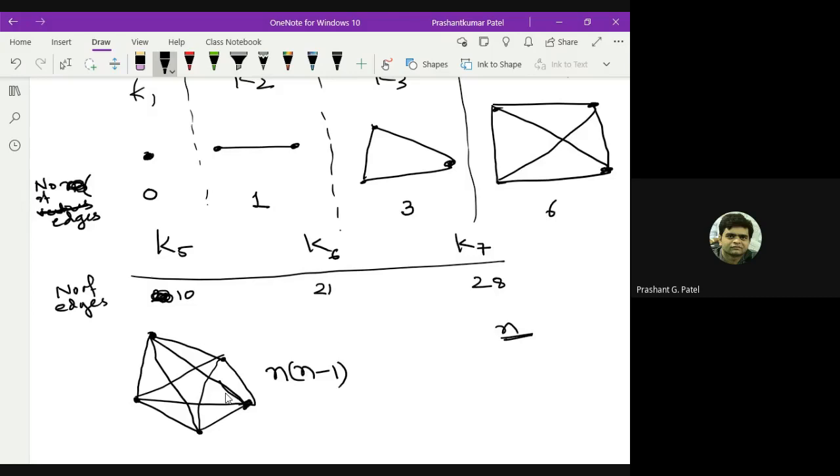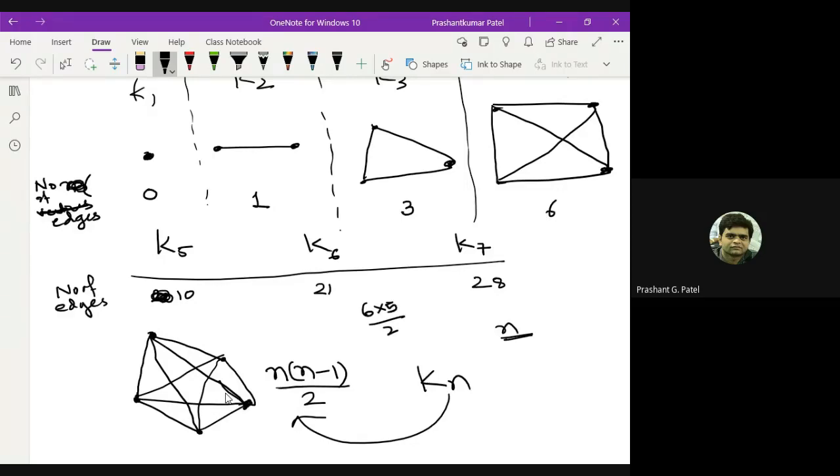And when you join, it is counted 2 times. Every edge is counted twice, because one time you join this to this, and then again you join this to that. So that's why we divide by 2. So in Kn, the number of edges is always n into n minus 1 by 2. That is a conclusion we can make out of this. And that's why I have written 6 into 5 by 2.